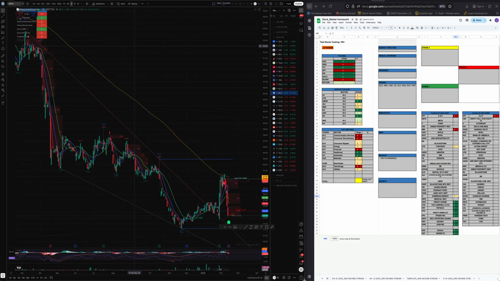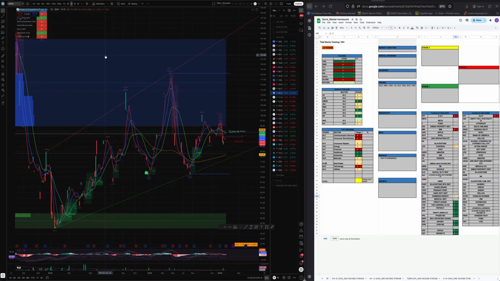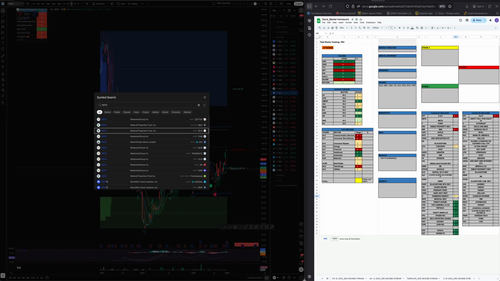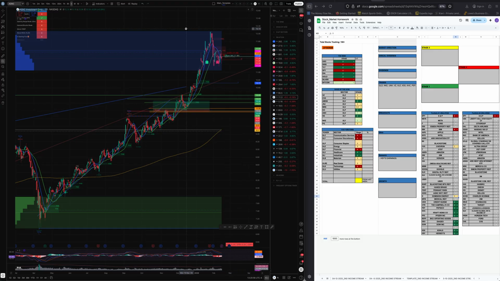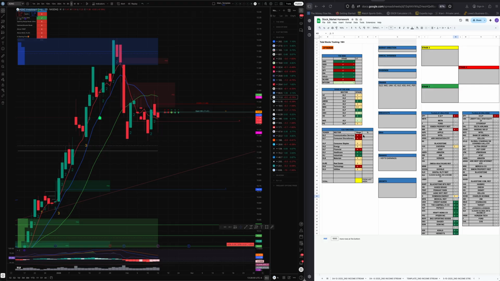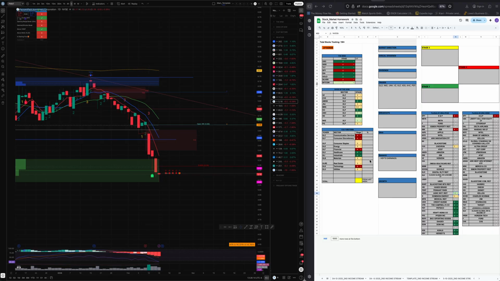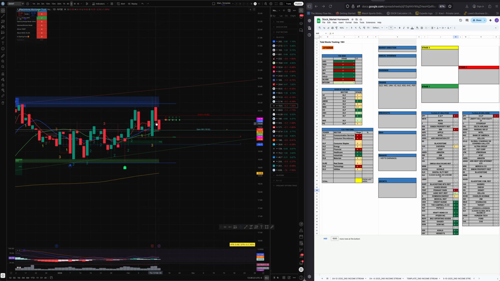APW. Stage four. This is Blackstone. It's coming down, say 2-4.